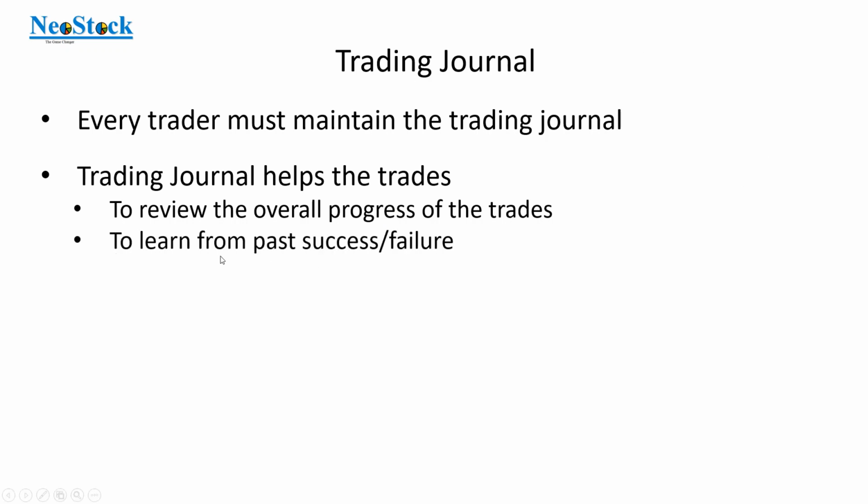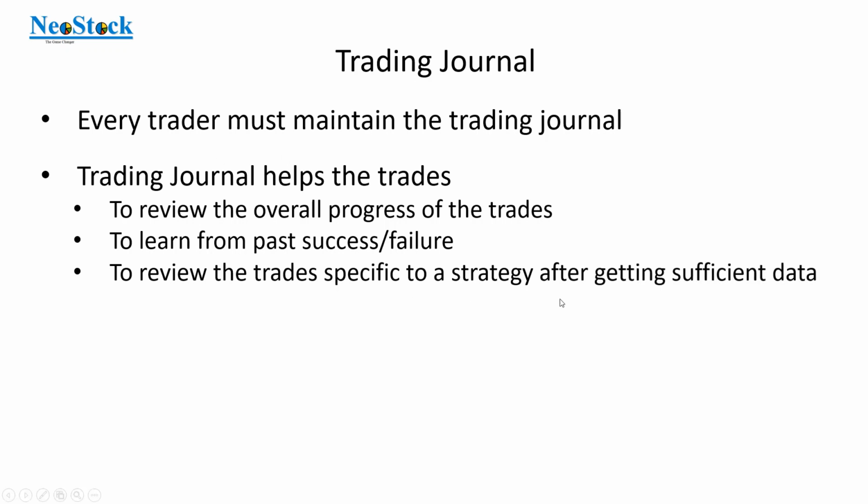So you will learn from the past successes or failures, from that past historic data. What will you be learning? What kind of mistakes or what kind of improvements, all these things you will know. To review the trades specific to a strategy after getting sufficient data.